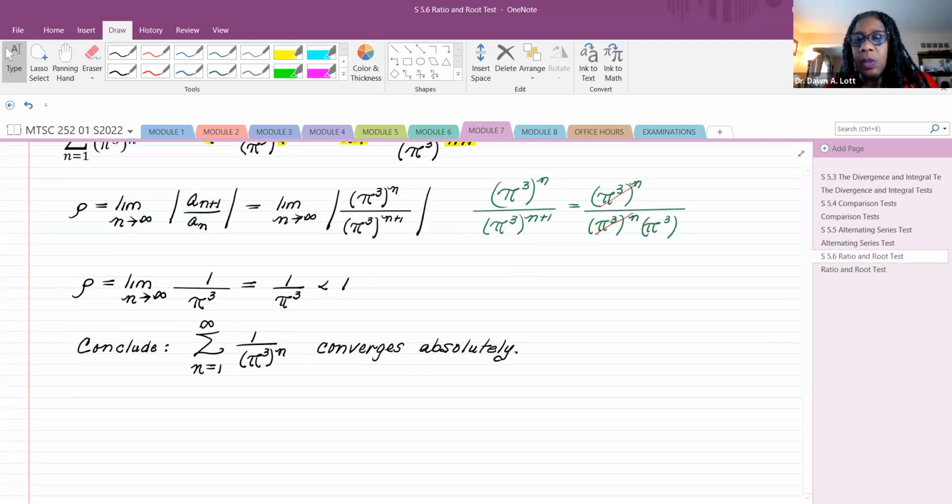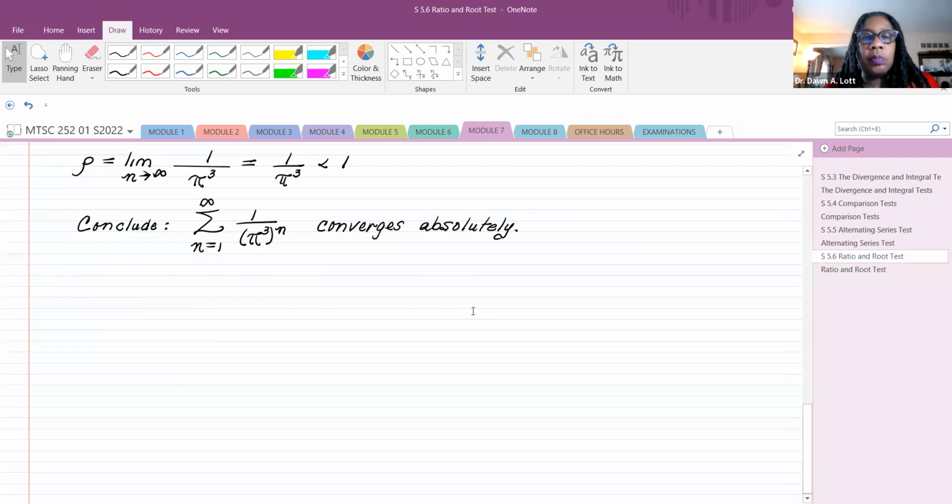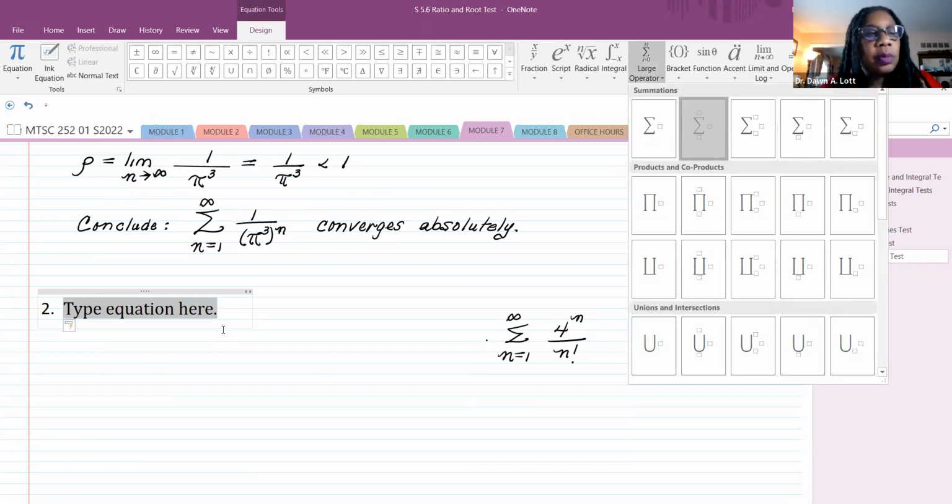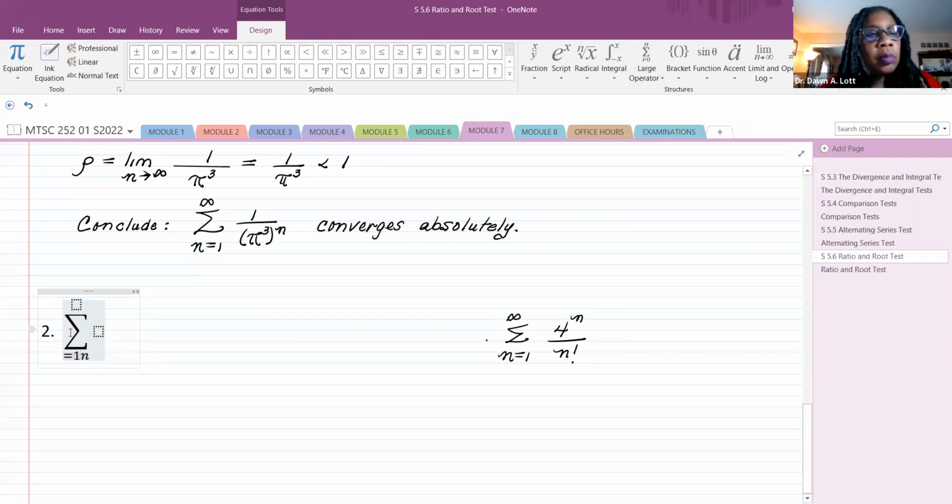Okay, here's my next example. Number 2. The sum from n equals 1 to infinity of 4 to the n over n factorial.